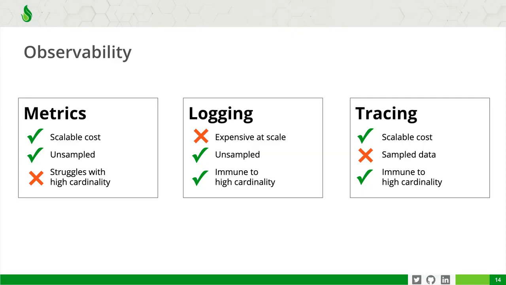And metrics is great in that the cost is scalable. As you increase the amount of traffic, you can predict with reasonable estimates what the cost of maintaining those metrics is going to be. You're able to roll them up over longer periods of time to summarize the data. Metrics are unsampled, meaning that 100% of transactions contribute to your metric. The struggle with metrics is this third one, cardinality.